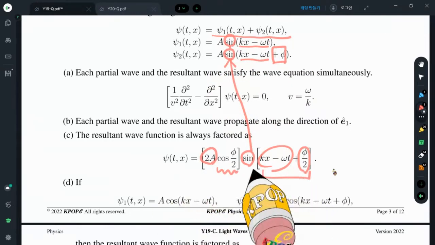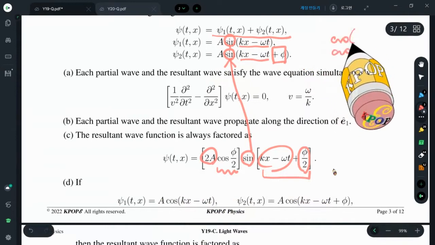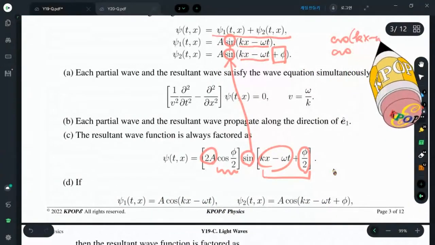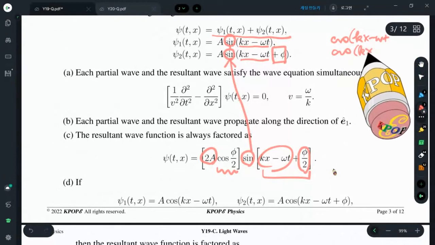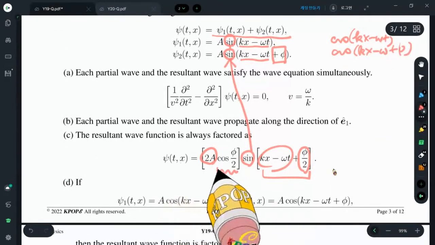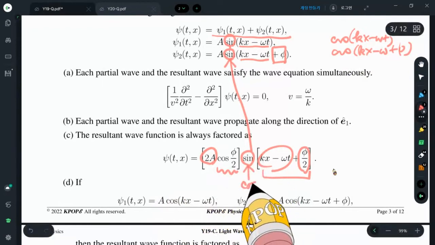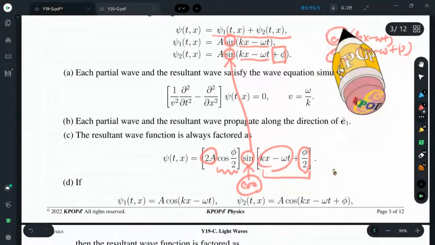We have to remember that in case we have cosine of k x minus omega t and cosine of k x minus omega t plus phi, everything will be the same except that the sine is replaced with cosine.